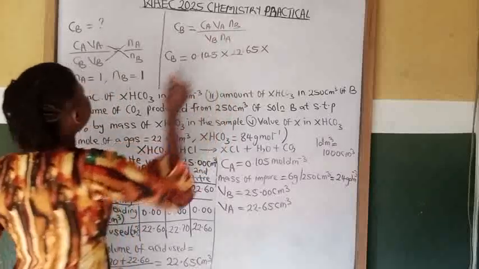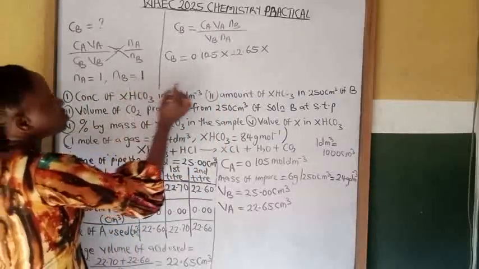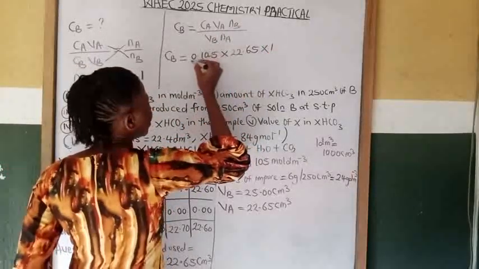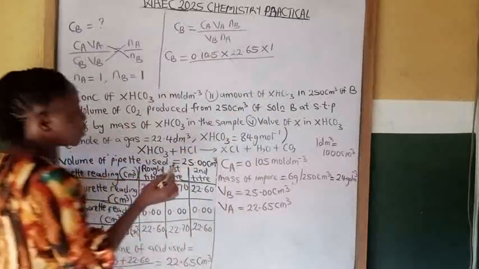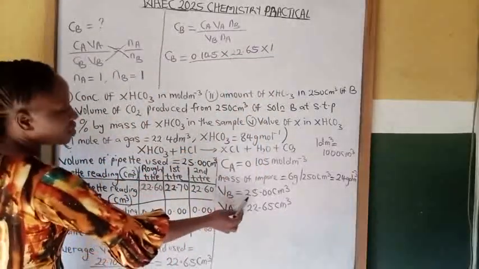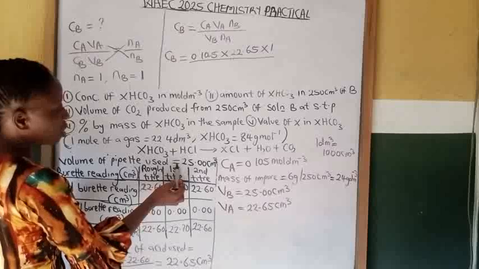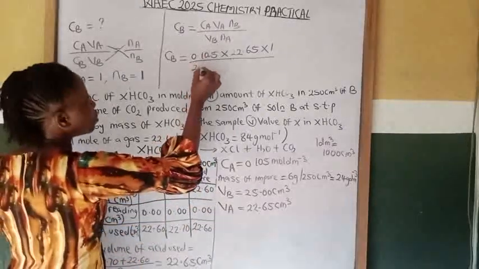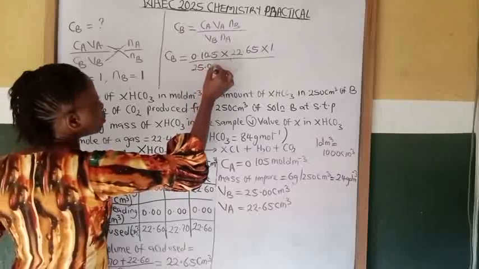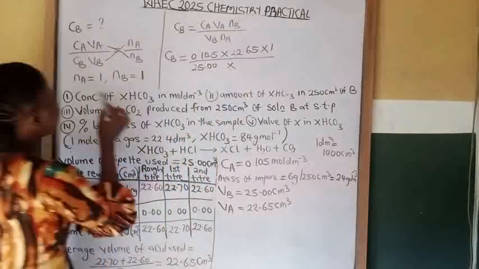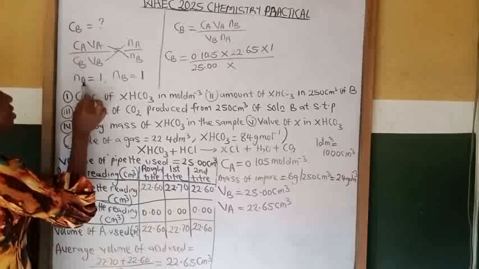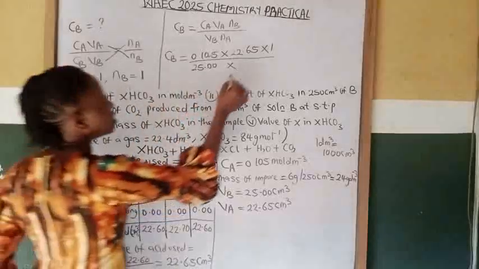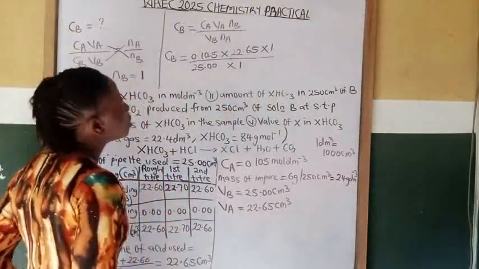Then my NB is equal to 1, divided by my VB. My VB is the volume of pipette used, which is 25.00. So that's 25.00, times my NA, which is the number of moles of acid, that is 1.